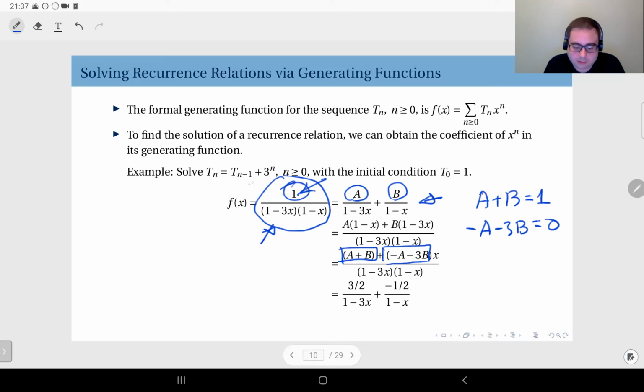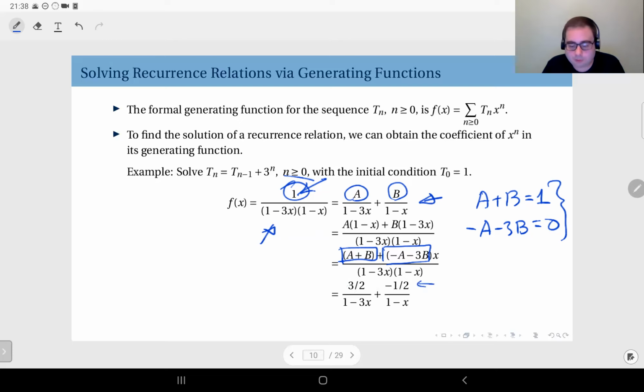If this were like 1 plus 2x, then this would have been 2, but that is not the case, obviously, here. Therefore, it should be 0. Okay, so solve this simple system of equations with two unknowns. You obtain the values of a and b, which turn out to be 3 over 2 and minus 1 over 2.